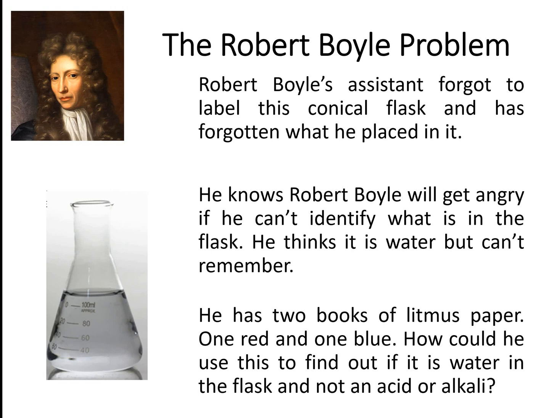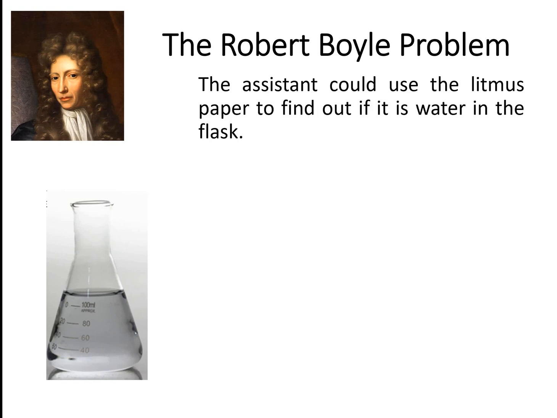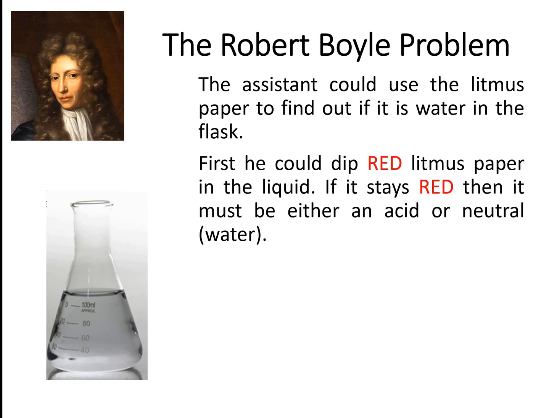Okay, hopefully you've now come up with a solution for Robert Boyle's assistant. We'll go through my solution and see if it matches. The assistant could use the litmus paper to find out if it is water in the flask. First, he could dip the red litmus paper in the liquid.